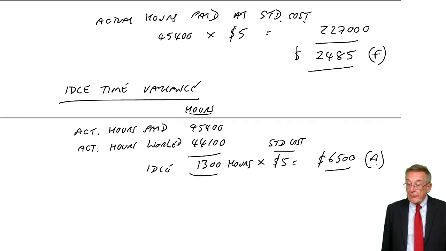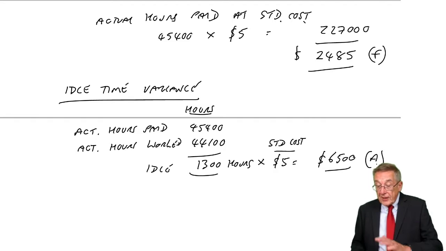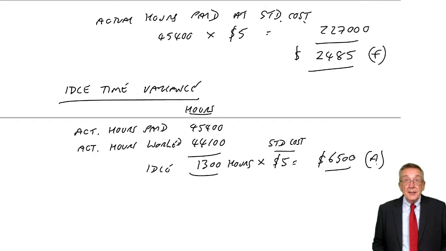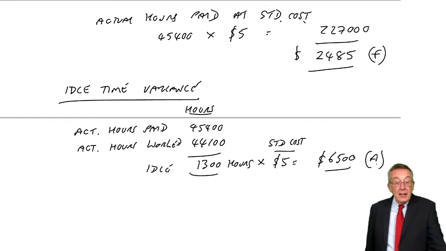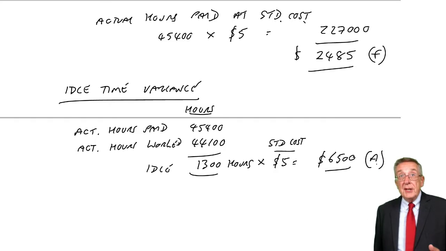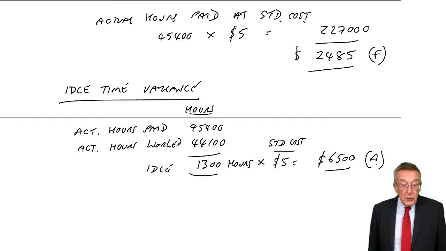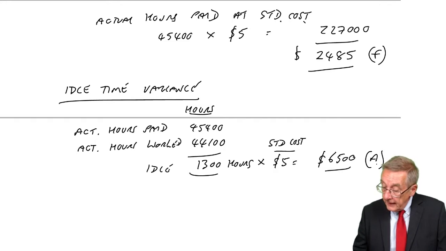All right, just one thing left. We've dealt with the idle hours, we've dealt with paying the wrong rate, but the remaining thing is we need to check, did they spend 5 hours a unit or not? The cost card says every unit should take 5 hours of work. Well, let's check.